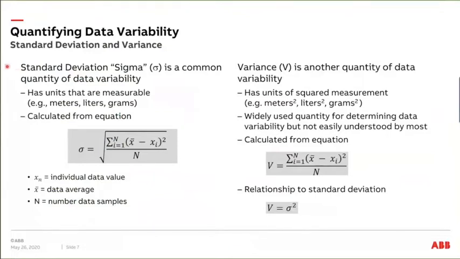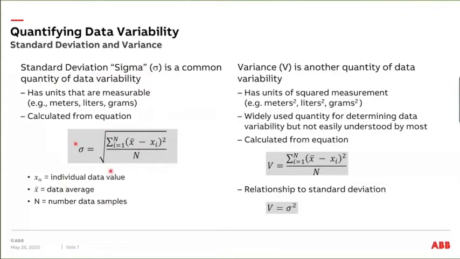Most everybody has an idea what a data average is; you take a number of data points and calculate an average. But then when you go to sigma, or standard deviation, which is commonly referred to as sigma, this Greek symbol that looks like a little circle with a line off the side is the sigma symbol.